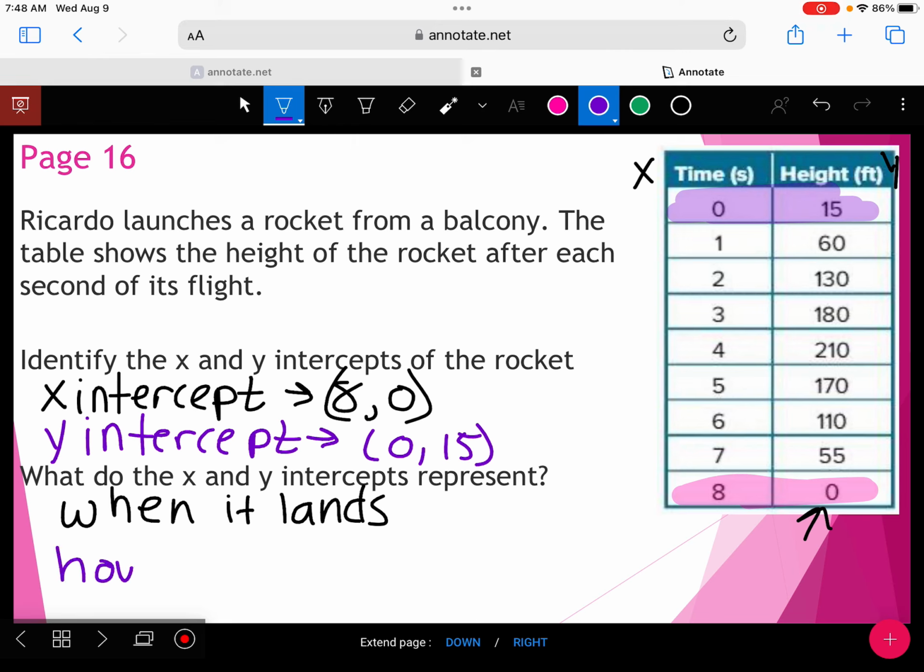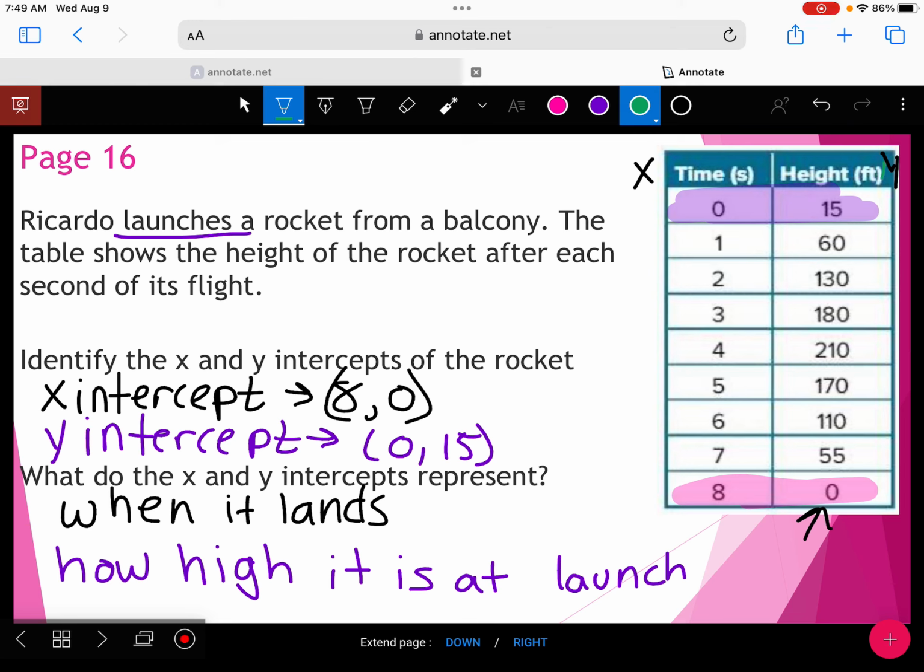So it is how high it is at launch or at time 0. So I got the word launch from here. Okay. So when it says what does it represent, use our labels. How high it is at launch or at time 0. What time when it hits ground, when height is 0. So if you get stuck on context things, use our labels.